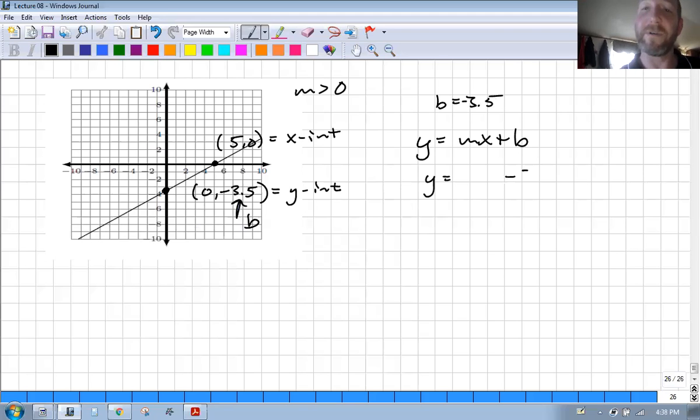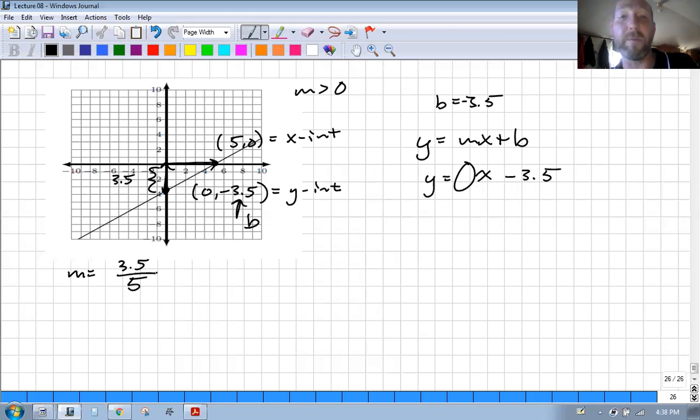Notice if I plug a 0 in for x, I get -3.5. So what would our m be? Well, if I go up 3.5 and I go to the right 5, I'm on a point on the graph.